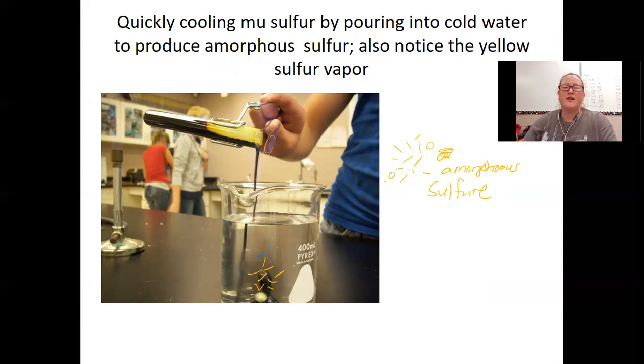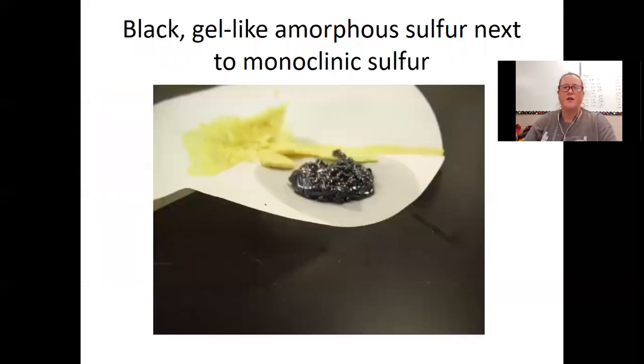Now slowly over time, both monoclinic sulfur and amorphous sulfur will slowly turn back to orthorhombic. So here's that amorphous sulfur again. If we could see the atomic arrangement here, we would have sulfur chains, no orderly arrangement, solid, which makes it amorphous.